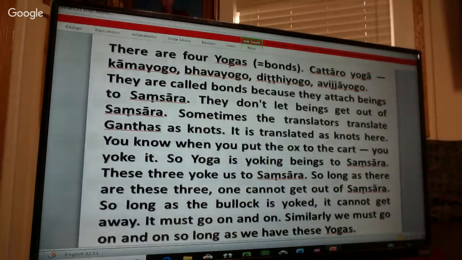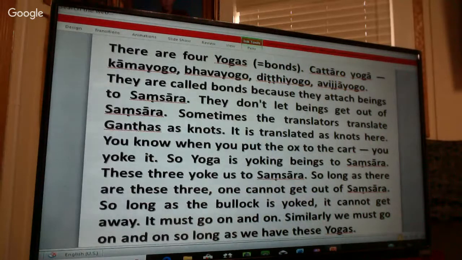So these yoke us to samsara always. If we cannot remove these four kinds of yoga, we are reborn again and again in the round of rebirth. So long as there are these three, lobha, ditthi, moha, we cannot get out of samsara.